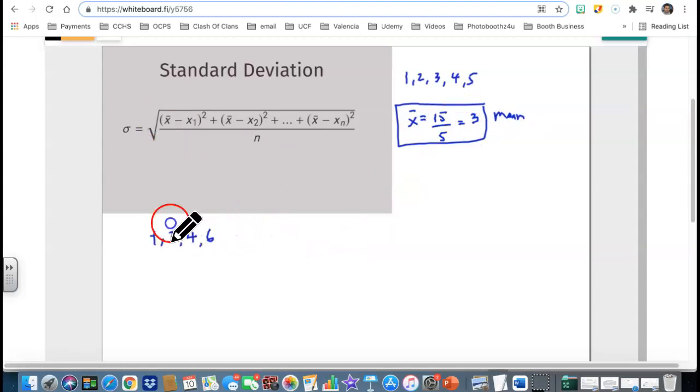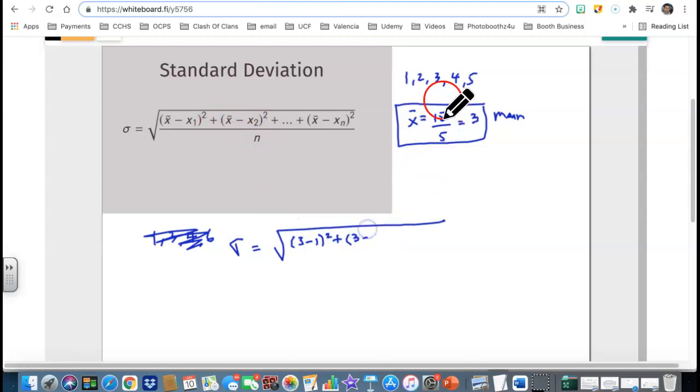I'm going to find the standard deviation. How do I find the standard deviation? All right, square root of my mean, which is 3, minus every single value, minus 1, second power, plus 3 minus the second value, 2 to the second power, plus the next value.